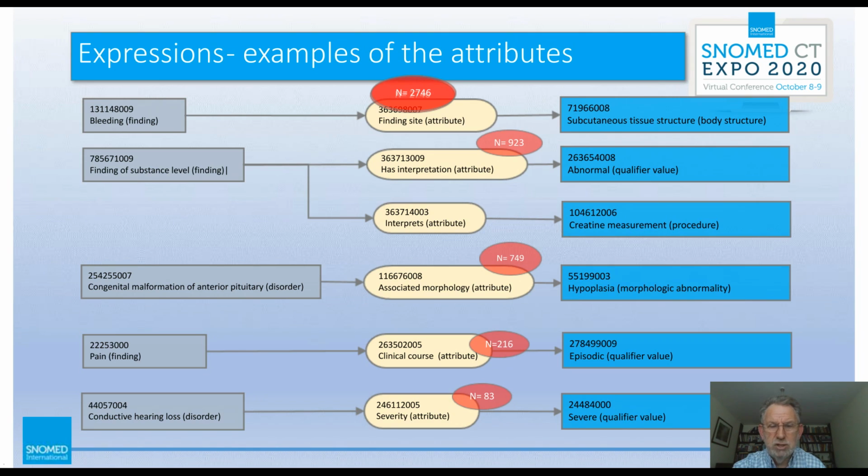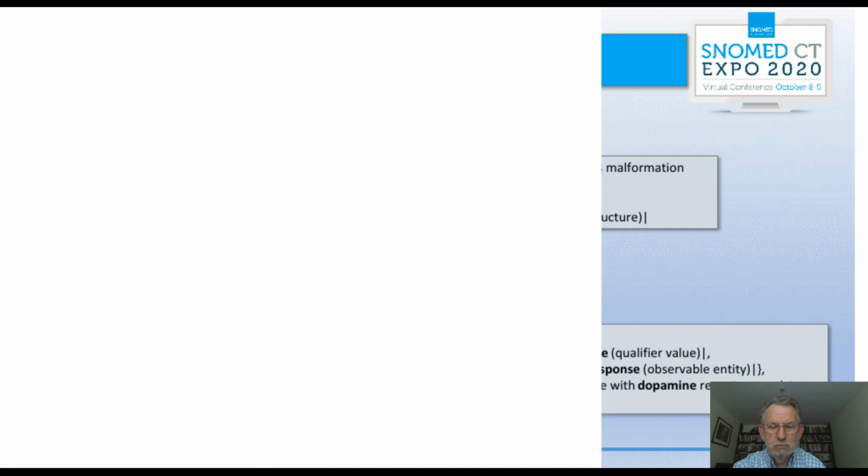Next, in relation to the laboratory investigations, was has interpretation or interprets, so this was the next commonest, reflecting the investigations, and then associated morphology, clinical course, and severity. And of course, these all can be used either on their own or in combination according to the various grammatical and concept model rules.